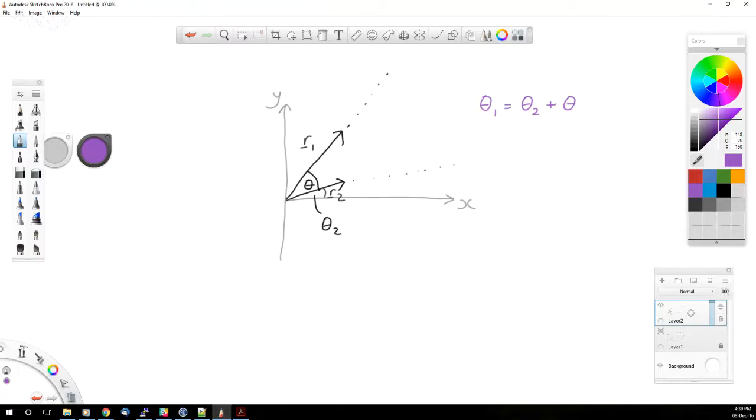And so what we can do is take R1 and write it in terms of the two components. So we've got R1 equals, let's just decompose that into x1 and y1.